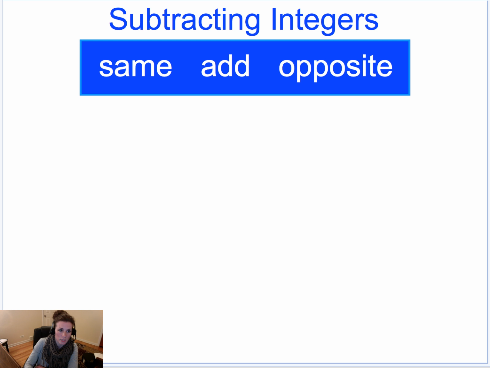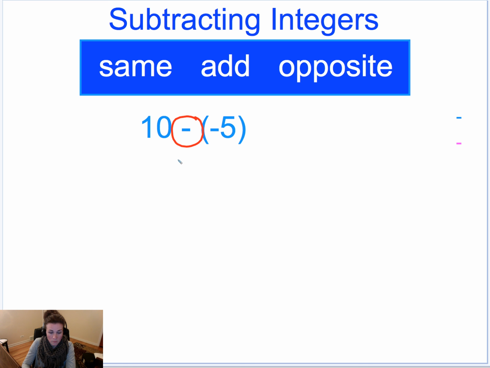So let me show you how to change a problem from subtraction to addition. Here we have 10 minus negative 5. Since this is a subtraction problem, I need to change it to addition in order to use my shortcuts. So the way it works is this: same refers to the first number. That number is going to stay the same.